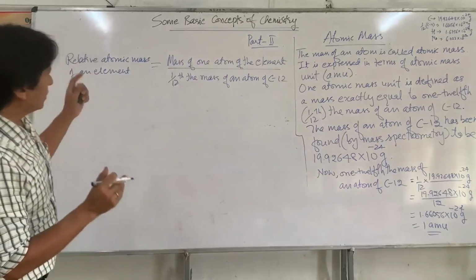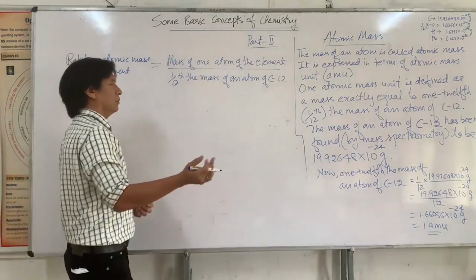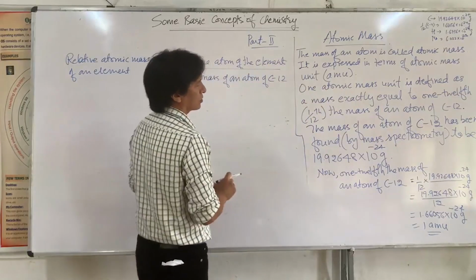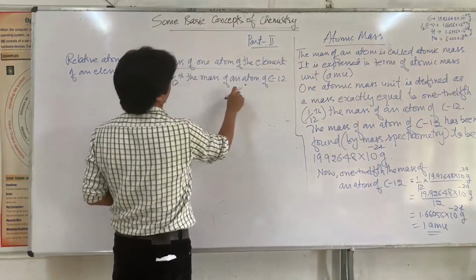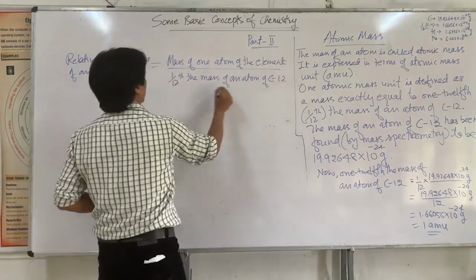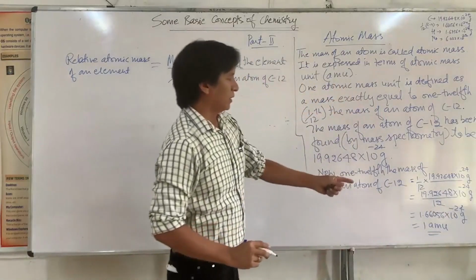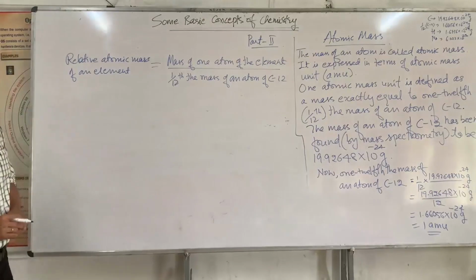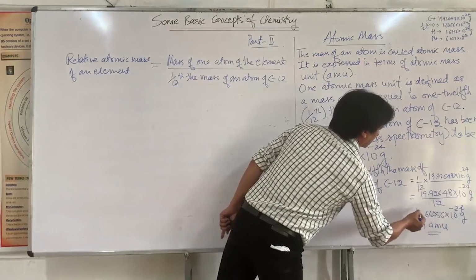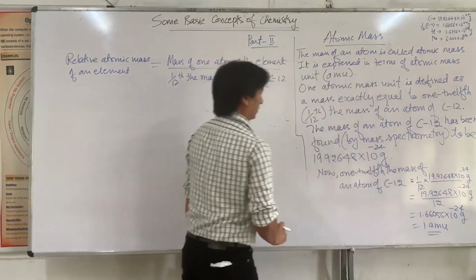So to find the relative atomic mass of any element, you write the mass of one atom of that element and divide it by 1/12 the mass of an atom of carbon-12. Now this 1/12 the mass of an atom of carbon-12 is nothing but 1.66056 into 10 raised to the power negative 24 grams. That's it. So this mass is called 1 AMU.